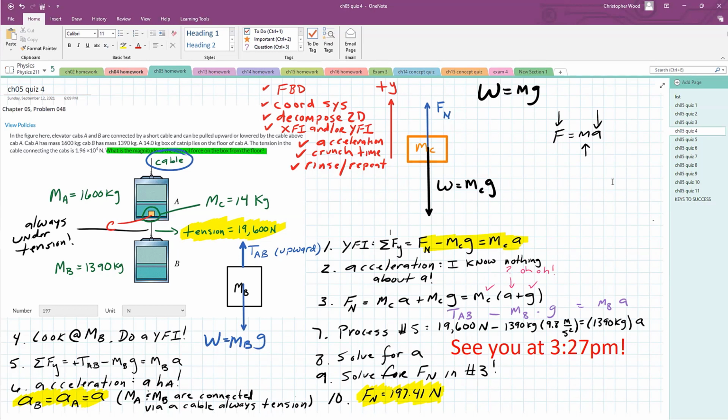Okay, we solved for A. You got A, and then you have to plug it back into number 3. Whatever you get for A, you plug back in number 3. Acceleration is going to be the same for both of those because they're both connected and both moving at the same speed, ideally. So okay, acceleration is going to be the same for both.